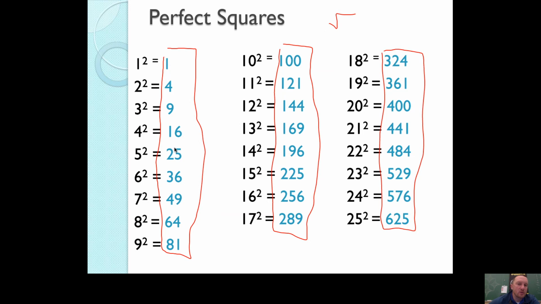Now, eventually we're going to do problems that are a little more tricky. For example, what happens if we were looking for the square root of, let's just say 13? What times itself gives you 13? Check your chart. Notice how 13 is not a perfect square. But notice how 13 is in between 9 and 16.